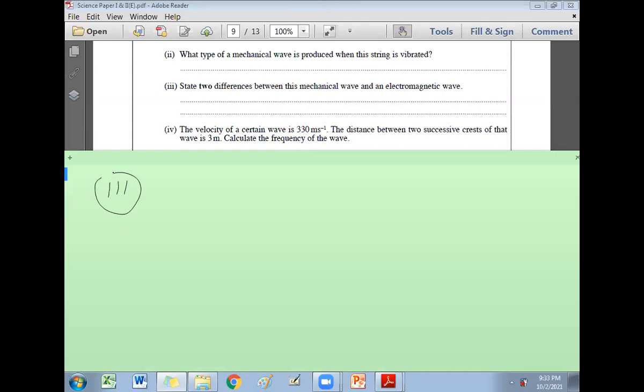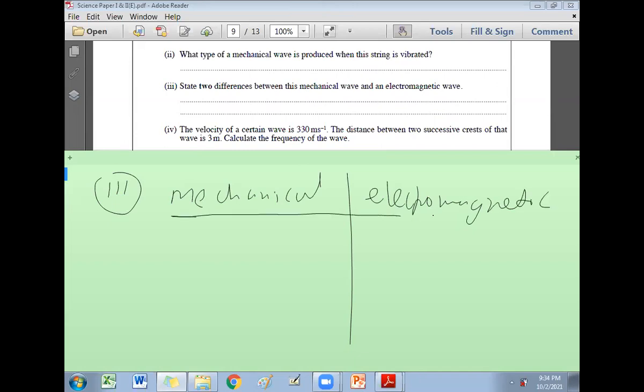Two differences between mechanical and, okay, I'll make a table like this: mechanical and electromagnetic. One difference you can write, this is slow, this is fast.